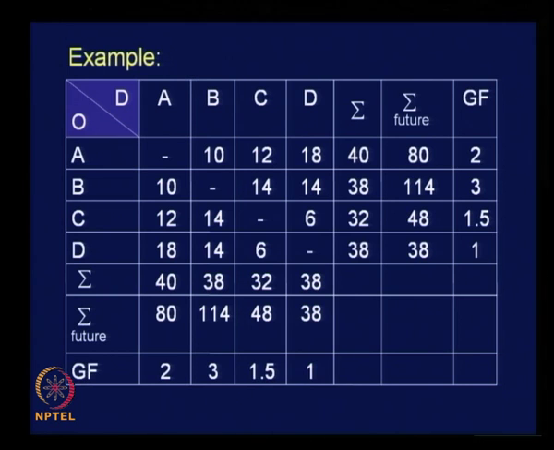So, that is what is given here 80, 114, 48, 38, again 80, 114, 48, 38 because it is symmetrical as per Fratar's proposition, right.